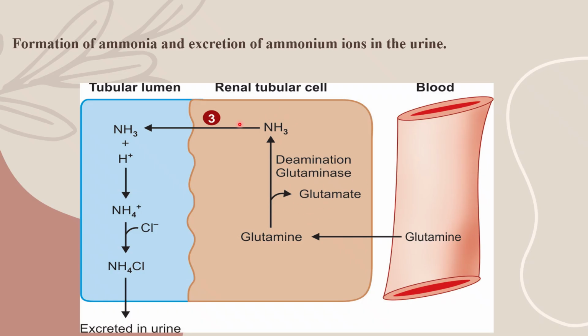And this ammonia is now released into the tubular lumen. So this is how the ammonia is lost in order to maintain the pH and wash out the effect of alkalinity. So this is how the kidneys, by various excretion and absorption mechanisms, maintain the acid-base balance.